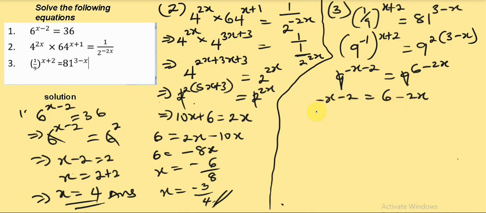So minus 2x crosses the equal sign, changes to plus 2x, so the left is minus x plus 2x is equal to, I'll write 6. The minus 2 will cross the equal sign to meet 6, which is going to be plus 2. Then minus x plus 2x is the same thing as 2x minus x, which is going to be x, is equal to 6 plus 2 is going to be 8. So the answer is 8.